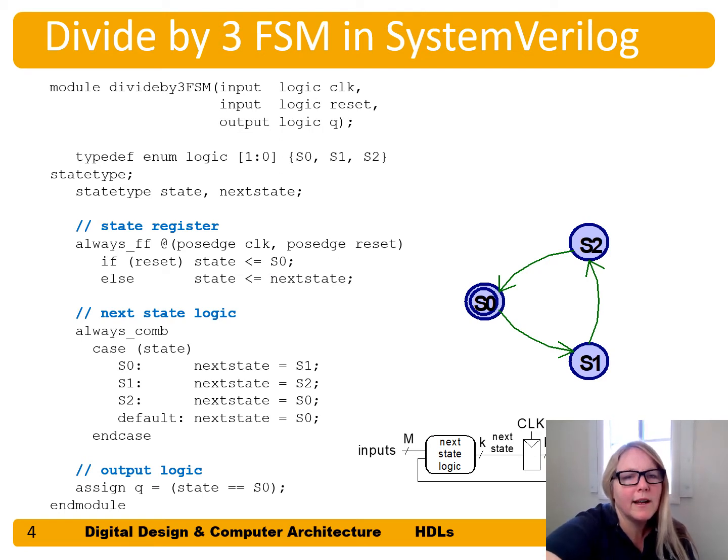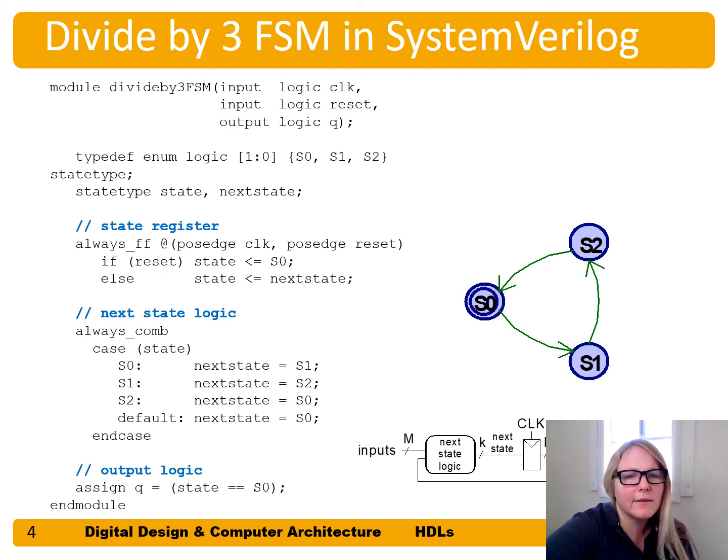But if reset is high, so this is an asynchronously resettable flip-flop, right when the positive edge of reset is seen, the flip-flop resets. So if reset, state goes to S0, the reset state, otherwise the state gets the next state.